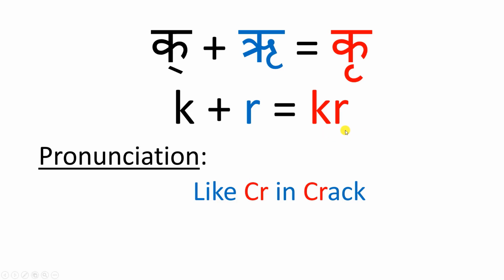The symbol of this is like this: a C or a hook below the consonant. Below the consonant you have to add a hook like this to make it kr. And the pronunciation is like CR in crack.